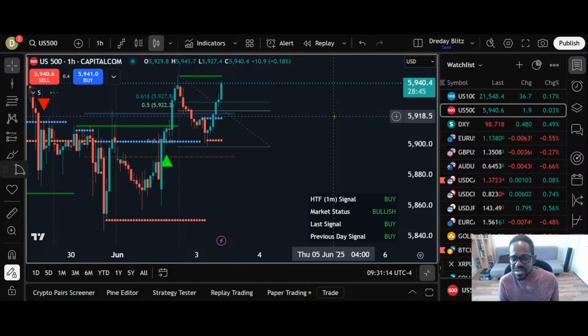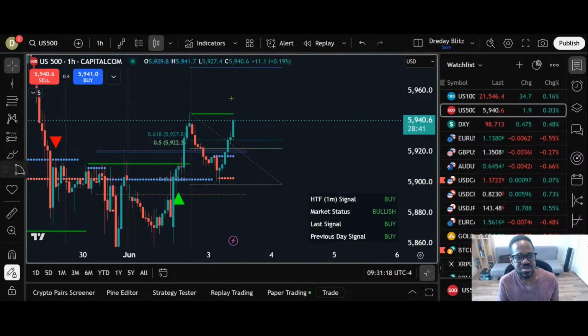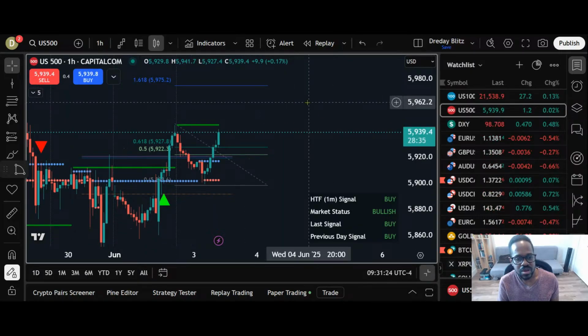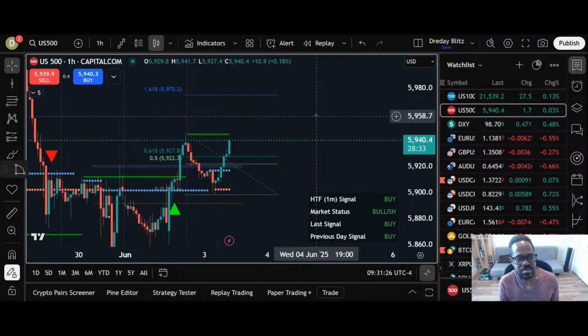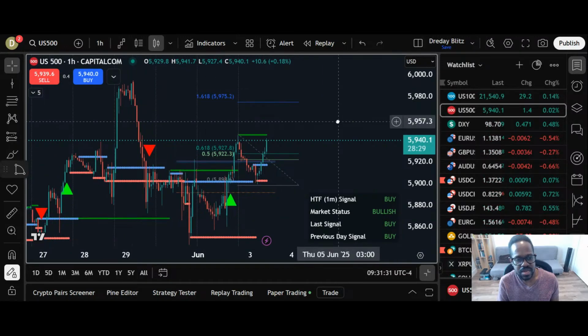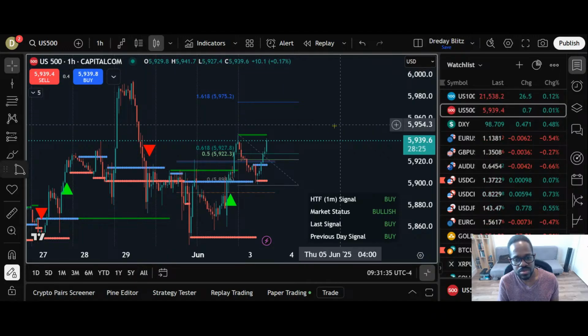So we have bullishness here. So it's breaking out over that 61.8. So that means that we have a continuation to the upside. So that's the case. Looking at the left side to see exactly other levels here that it wants to go.